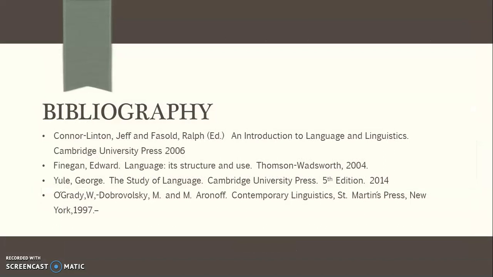I hope that you have understood it. And the idea now is that you choose an animal communication system and compare it with human language and see if those language features are fulfilled in the animal system of communication.